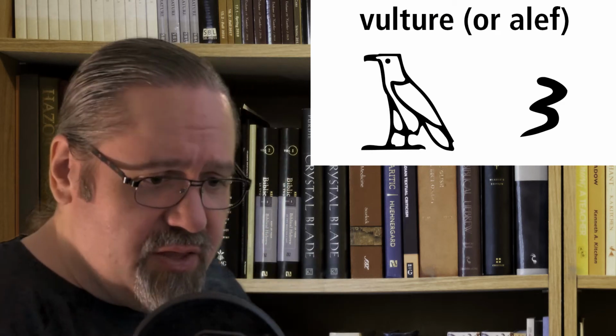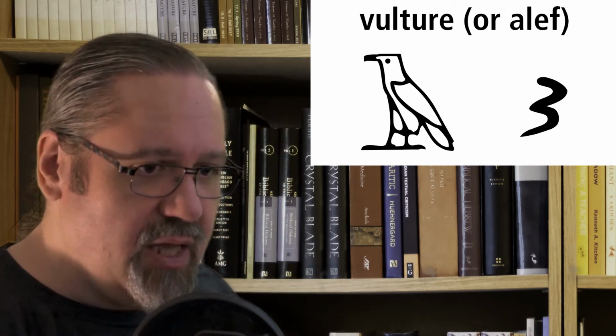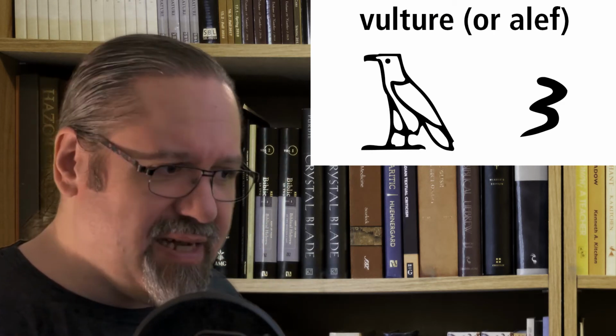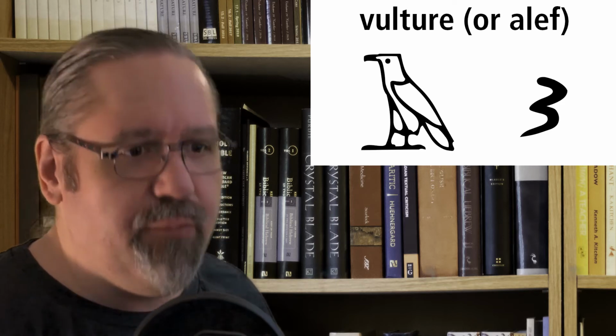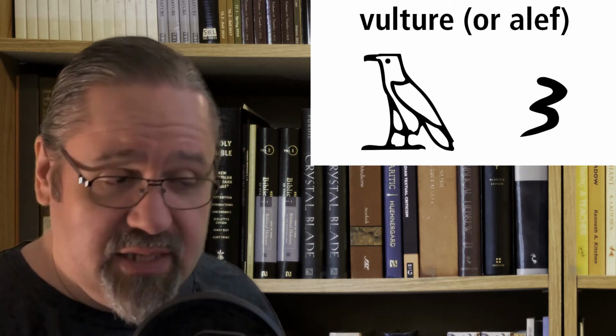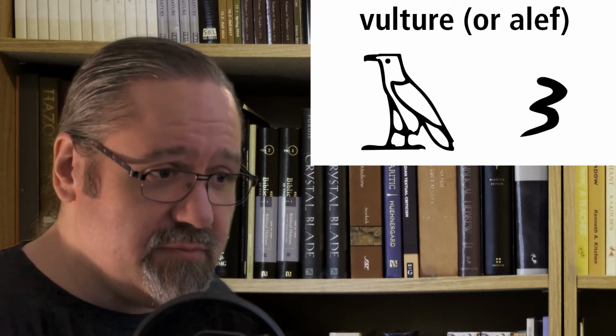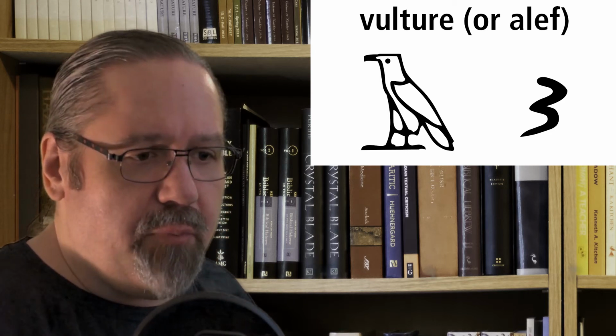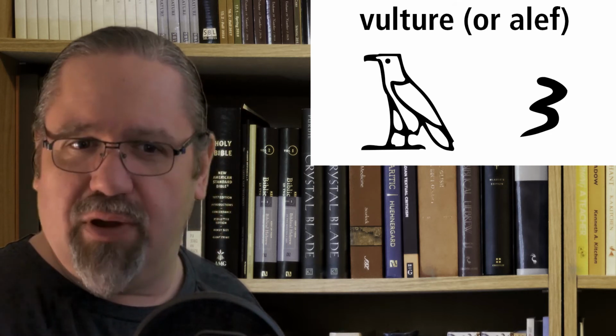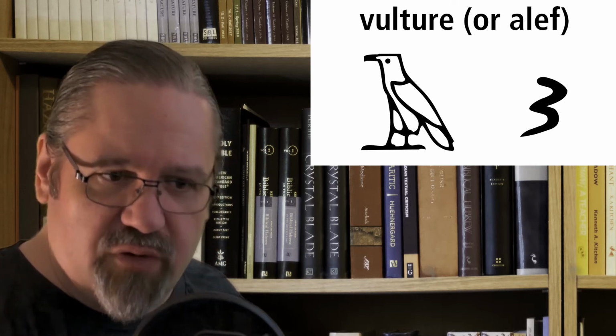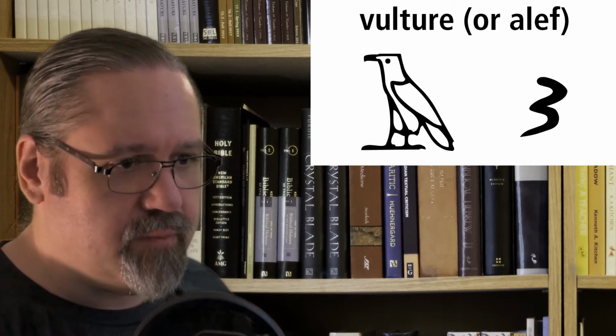Now, the vulture symbol is sometimes called the aleph because it's somewhat similar to the Hebrew aleph. Hebrew has silent letters, English doesn't. But it's really not like the Hebrew aleph either. It's something that's sort of unique to Egyptian.